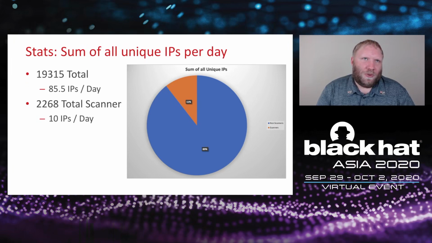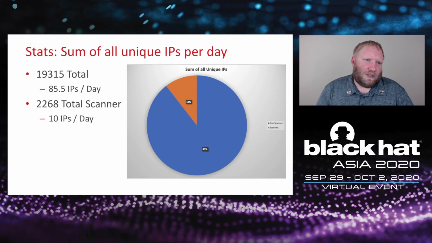So the reason that the unique IPs per day is different than the unique IPs that we saw in the previous slide is that if 1.1.1.1 connected to us on a Tuesday, and then that same IP connected to us on a Thursday, this is going to count both of them, because this is unique IPs per day, or unique sessions, I should say.